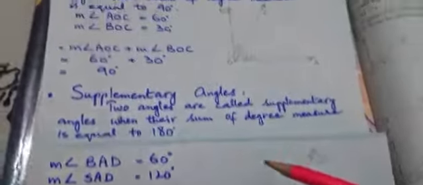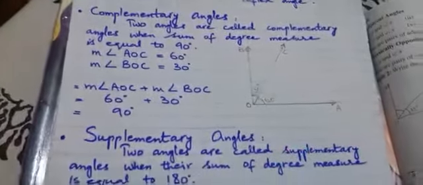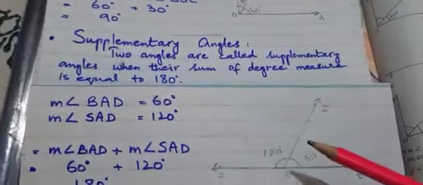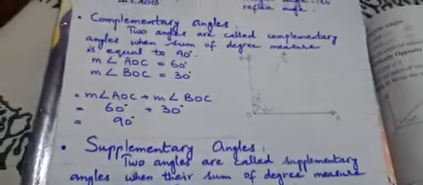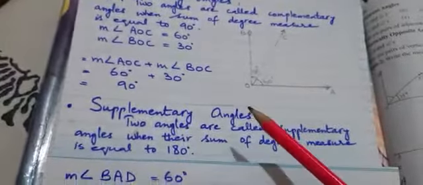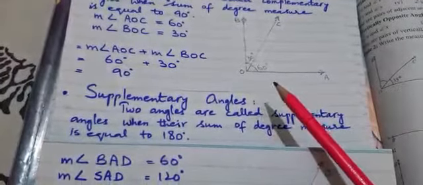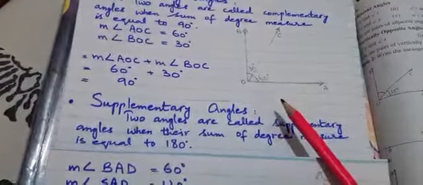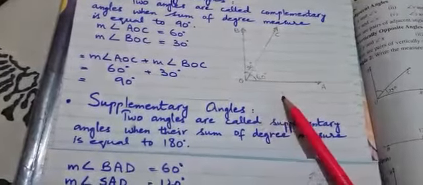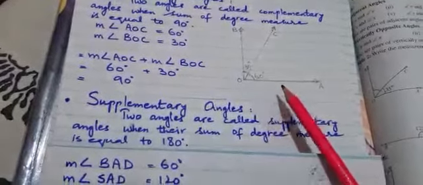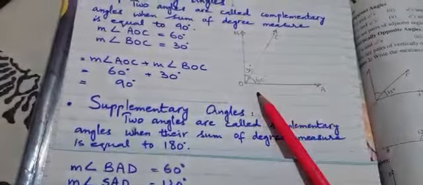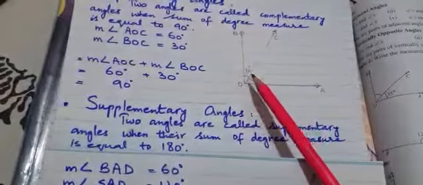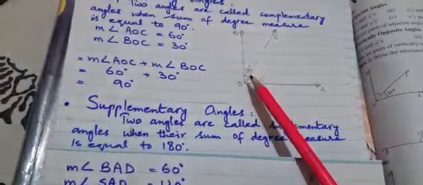So in this way you will write them and learn them, and you can find other pairs of supplementary and complementary angles. When the sum of two angles is equal to 90 degrees, for example 45 plus 45, 70 plus 20, 80 plus 10, these give you different examples of complementary angles.